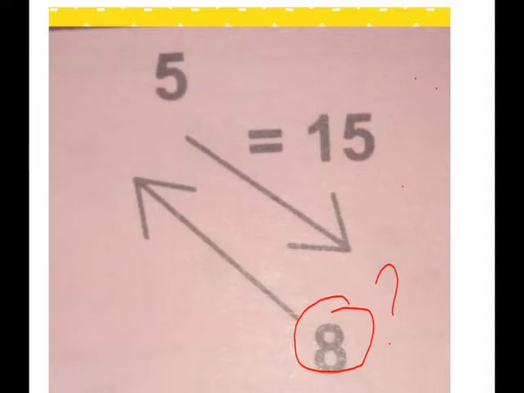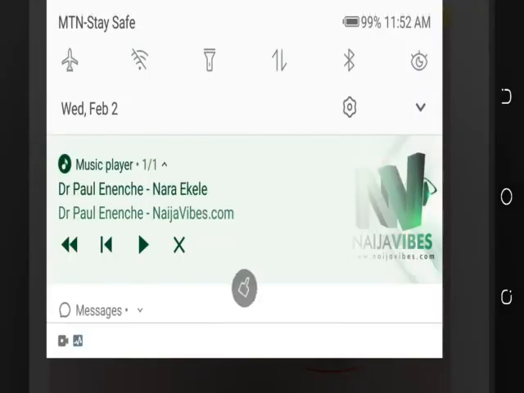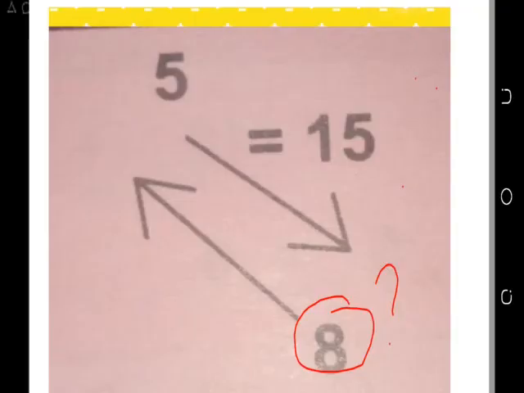To get 8, we are simply adding the factors of 15.